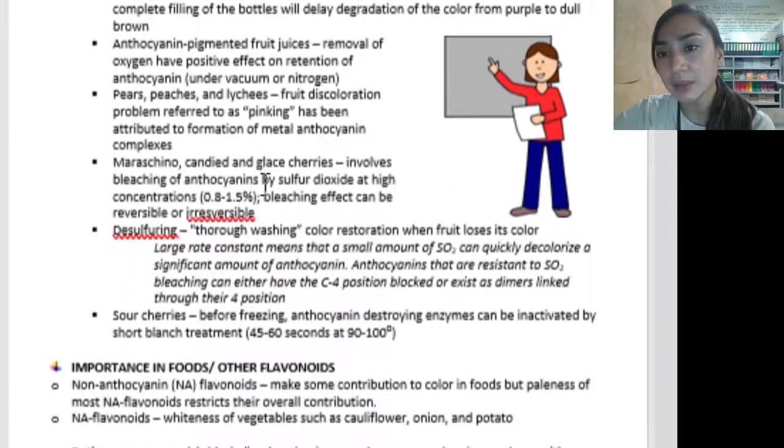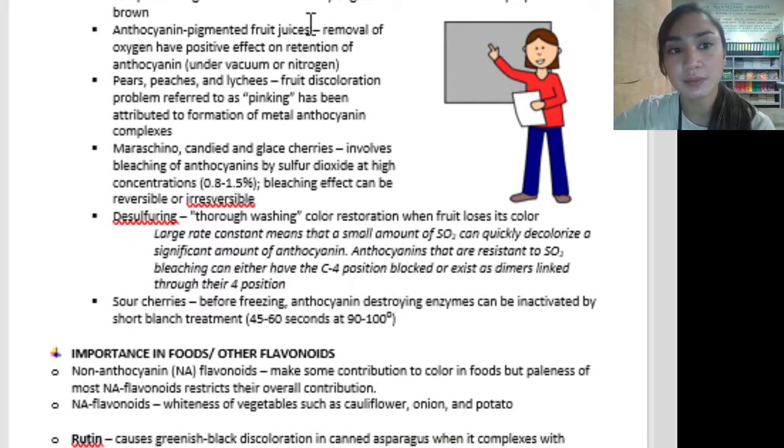And anthocyanin pigment fruit juices, yung removal daw ng oxygen have a positive effect on retention of anthocyanin. So, ang ginagawa to under vacuum or addition of nitrogen. So, yan, no? Ayan, kasi nga, especially sensitive talaga sa oxygen ang mga pigments natin.